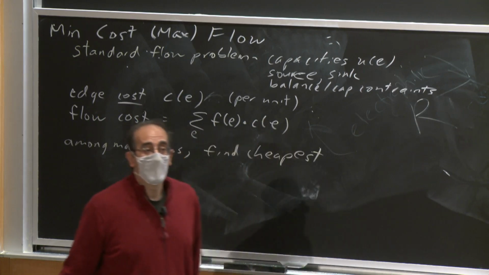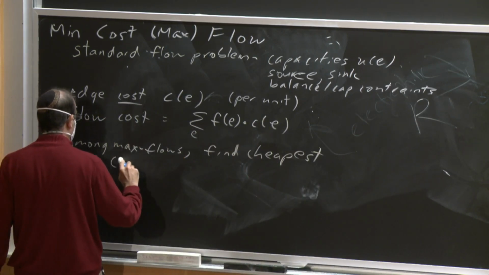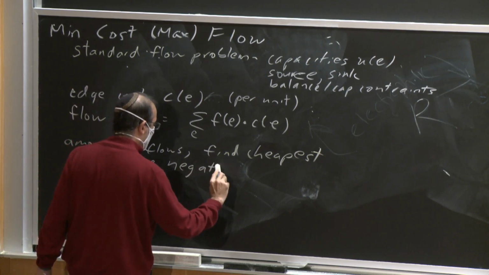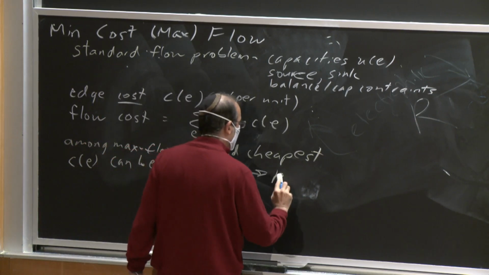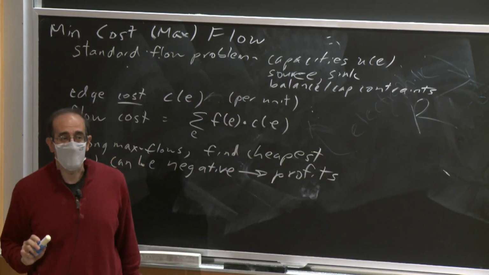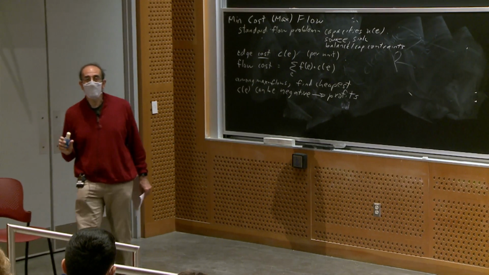Now, I'll emphasize that the costs can be negative. In certain problems, you actually get a profit for shipping a certain commodity over an edge.